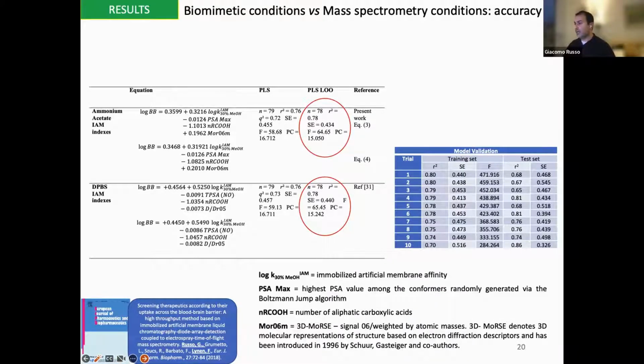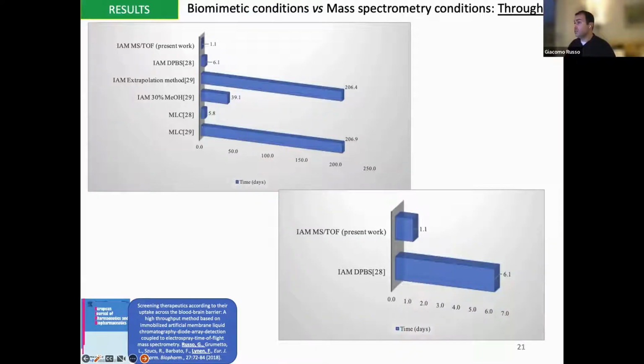So you can see that the squared R of 0.78 was observed in both IAM based on ammonium acetate and IAM based on Dulbecco phosphate buffer saline. So this means that essentially I'm not paying a huge price in terms of compromise using buffering agents which are different from those I will find in a physiological environment, which was good news.